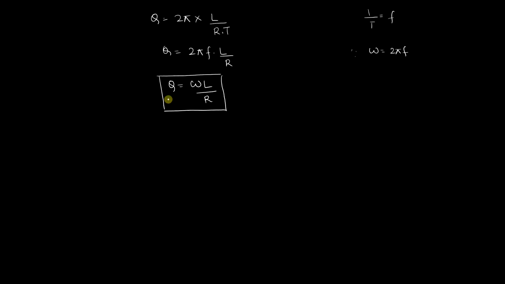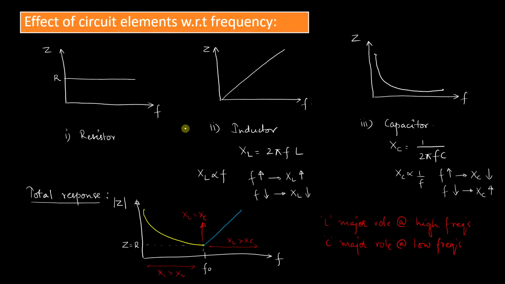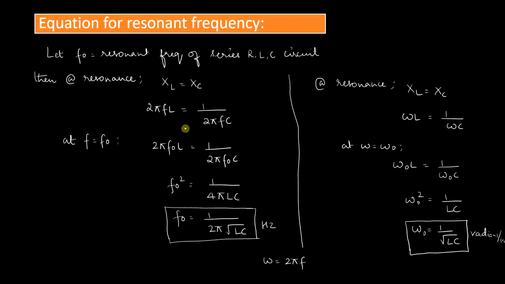Now if I am considering at resonance, this value of omega will be equal to omega naught, and we have seen previously in the derivation for the resonant frequency that omega naught is equal to 1 by root LC.